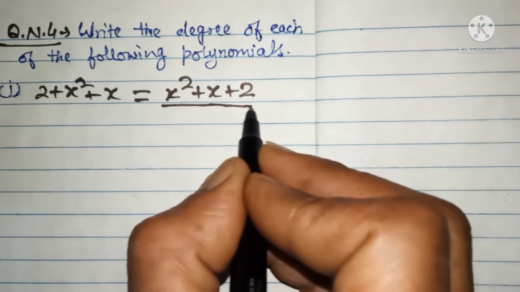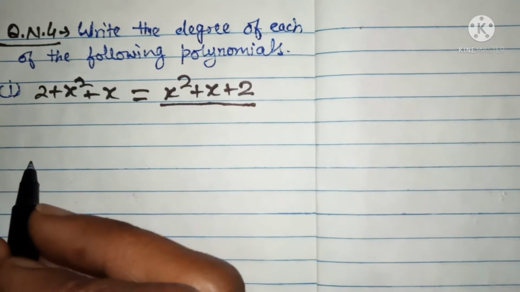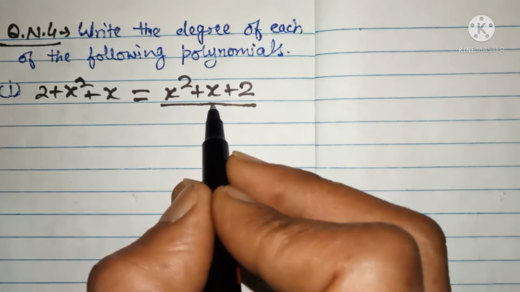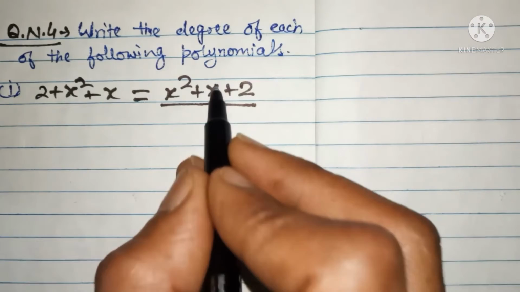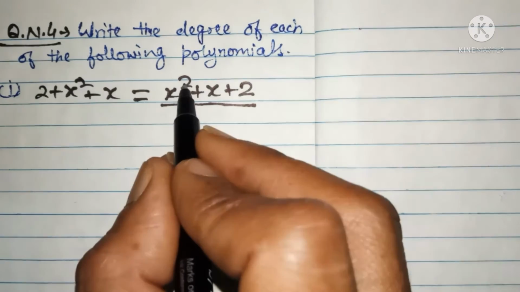Here in this polynomial, the maximum power of the variable is 2. Here in this term it is 1, and here in this term it is 2.